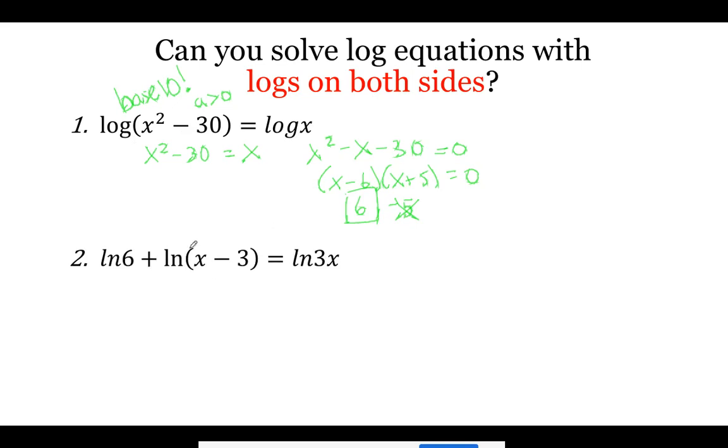Let's look at another one. So here we've got to simplify first. So ln of, we can multiply the arguments because we're adding. Multiply arguments. So what is that going to be? 6x minus 18 equals ln of 3x.